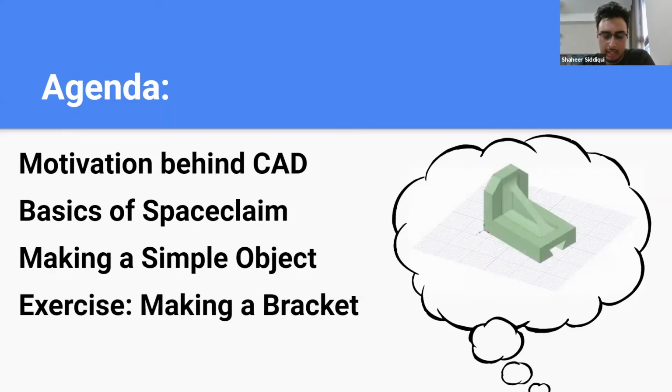Near the end, I'll leave you to do an exercise, making your own bracket in a set period of time, and during that time I'll be answering any questions and helping you out if need be. If you want to stick around, I'll also be open for questions near the end.